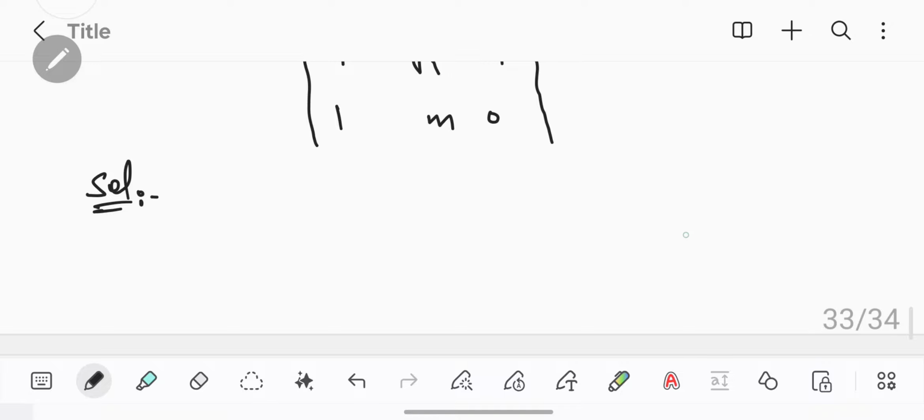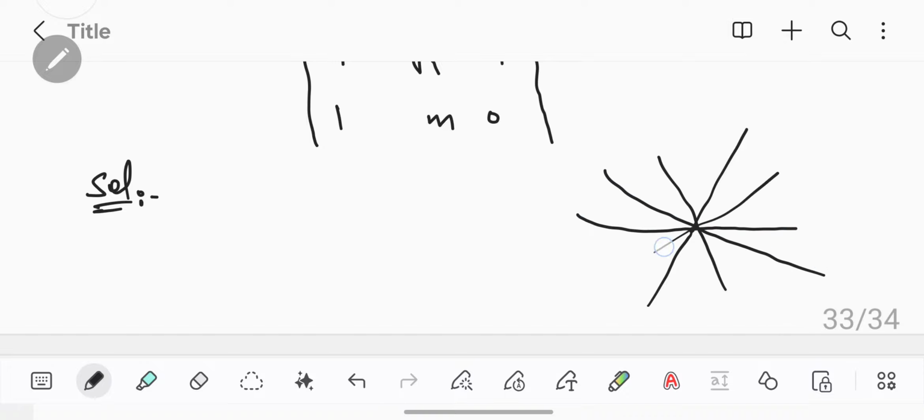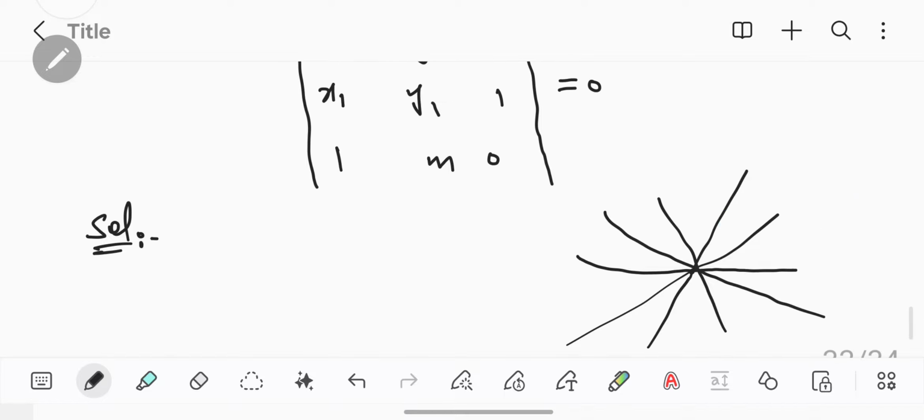So for example, if I give you this point, you can draw many lines passing through it. So which line is the correct one? You know each line has a different slope. If I give you a point and a particular slope, for example slope 0, then you know that the line is horizontal.